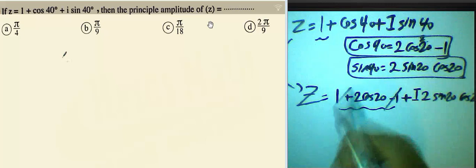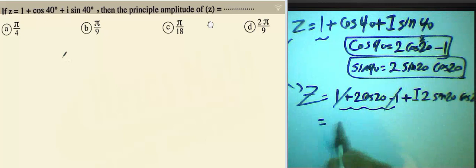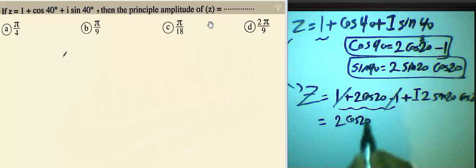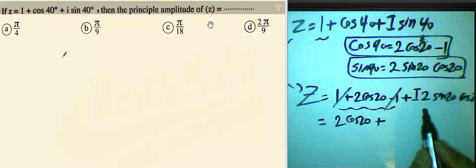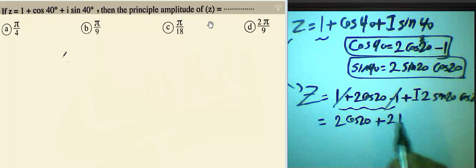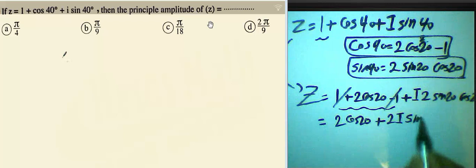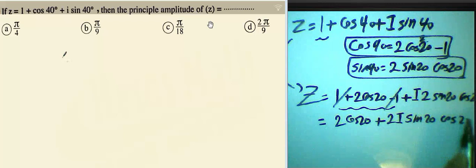We cancel negative with positive, then z will be 2 cosine power 2 of 20 plus 2i sine 20 cosine 20.